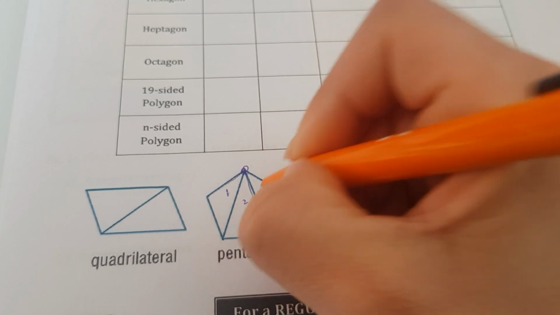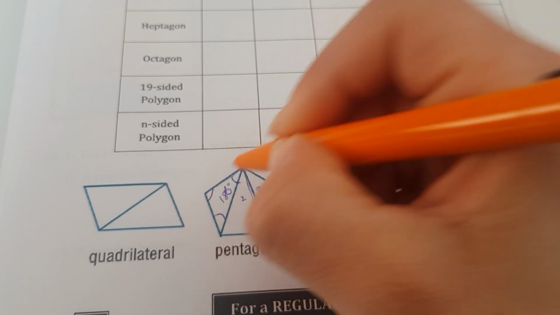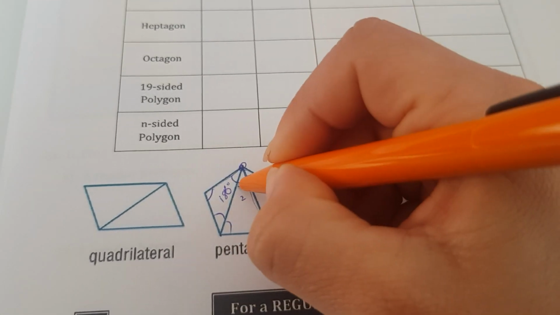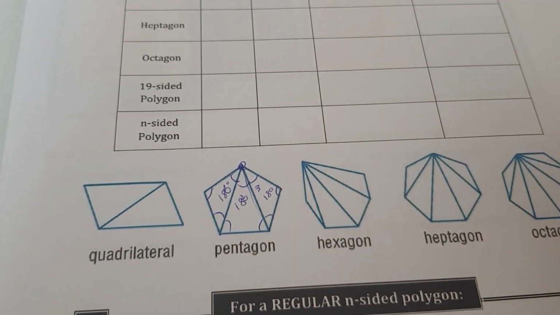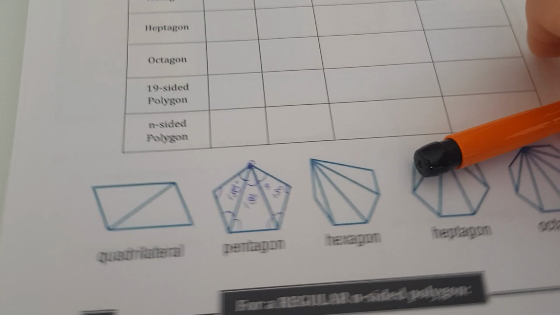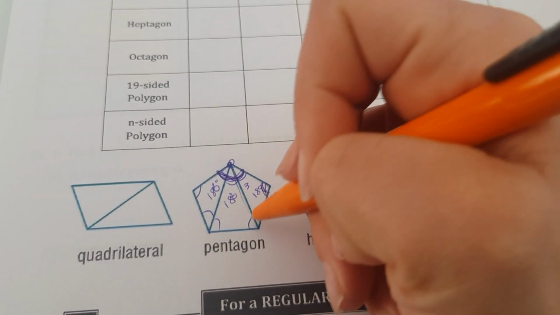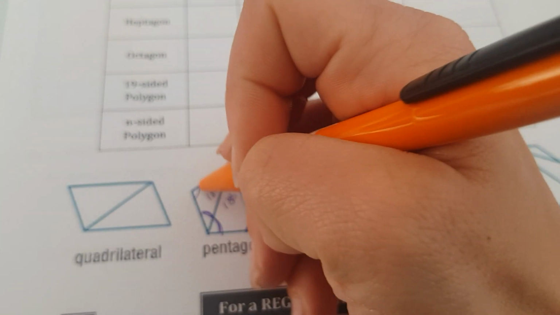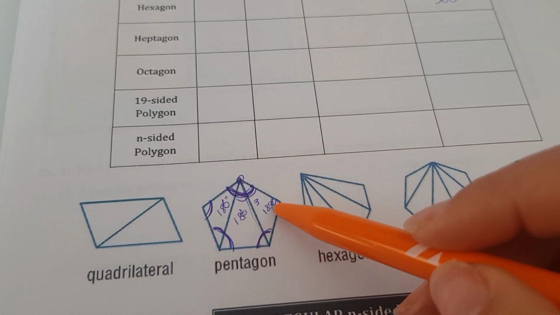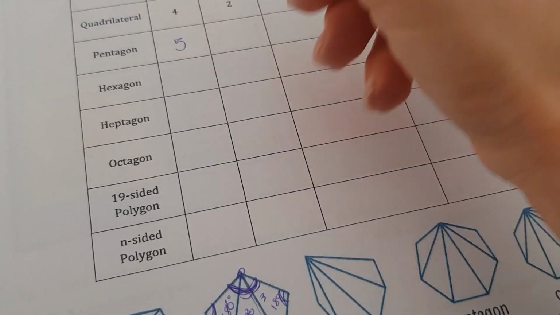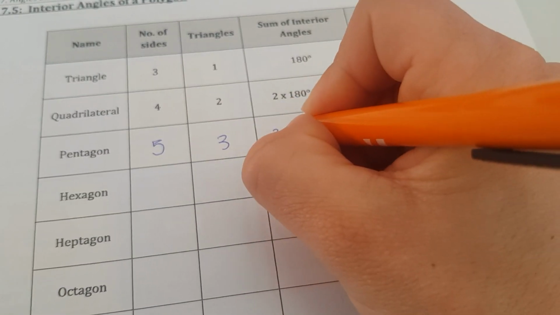Each triangle has angles adding up to 180. So if I need to find the sum of interior angles 1, 2, 3, 4, and 5 altogether, they add up to 3 times 180. The number of triangles is 3, so the sum of interior angles is 3 triangles times 180.